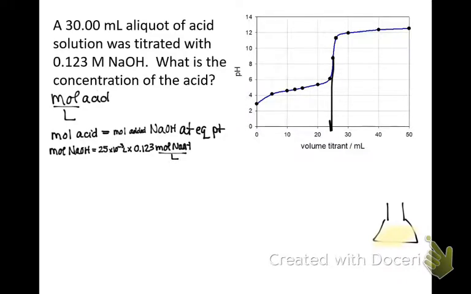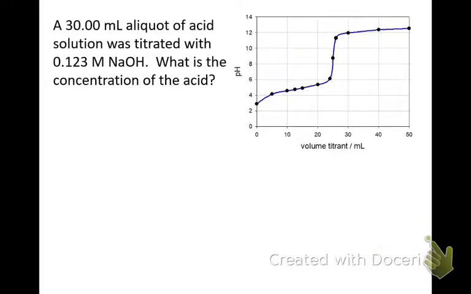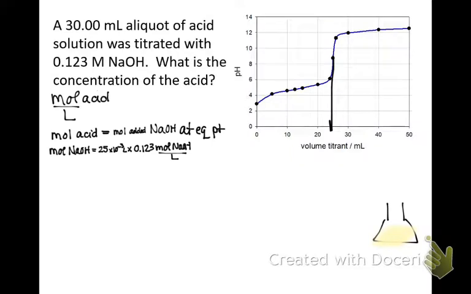And if we do that, we find that the moles of NaOH is 3.08 times 10 to the minus 3 moles. We said that is equal to the moles of acid that were initially in the analyte.